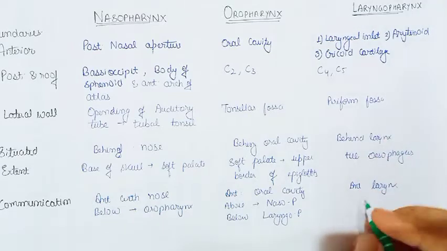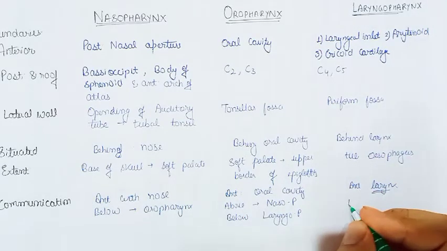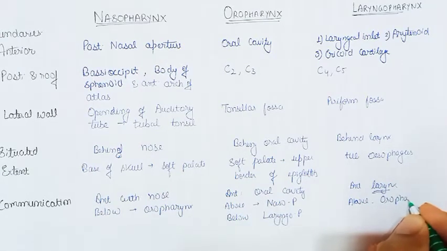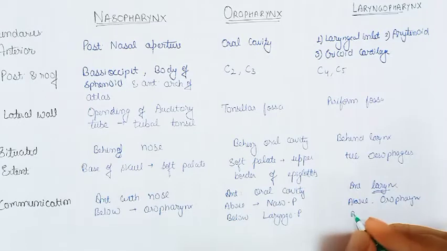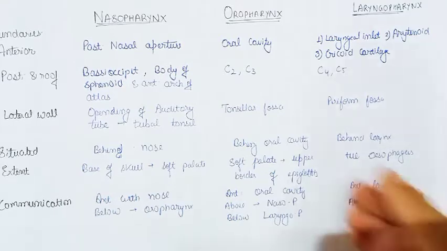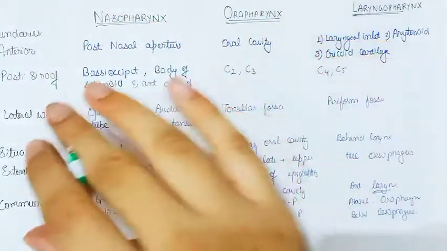In the laryngopharynx, anteriorly we have the larynx, above it communicates with the oropharynx, and below it communicates with the esophagus. So these are all the communications of each subdivision of the pharynx.